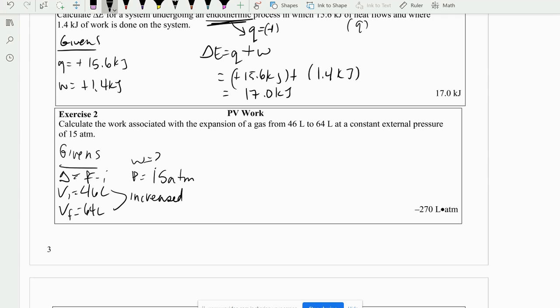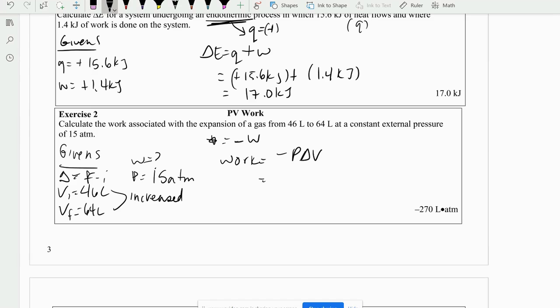Work is done by the system onto the surroundings, because that's what's going on here. If you read it, the work that is done by the system onto the surroundings would result in a negative work value. And so work is going to equal negative pressure times the change in volume.